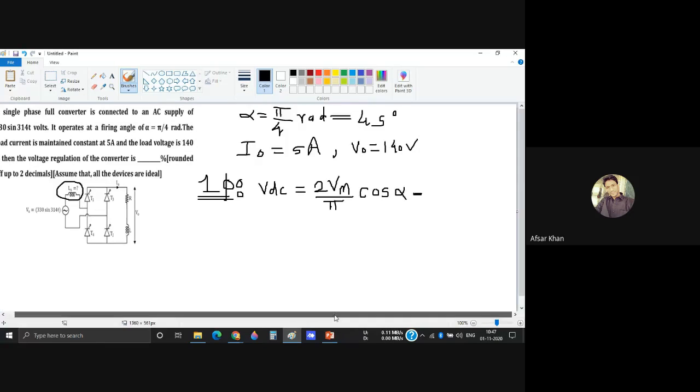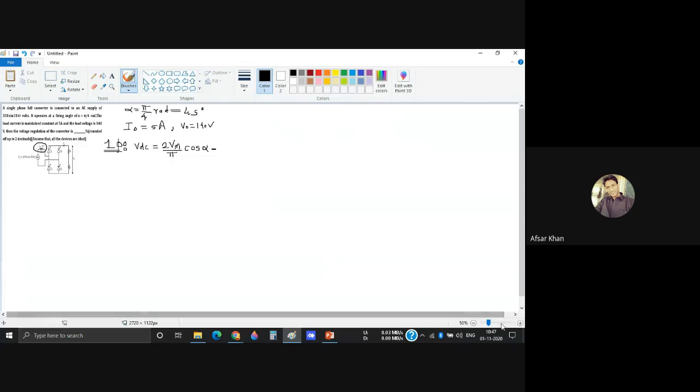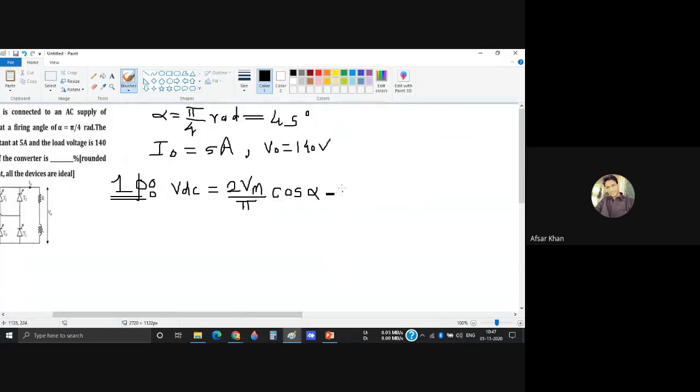Now your output will not only be twice Vm by pi cos alpha, there will be some subtraction of the voltage across this inductance. What is that drop? If you have analyzed this circuit, that drop is nothing but 4 f Ls, the source inductance, into I naught.